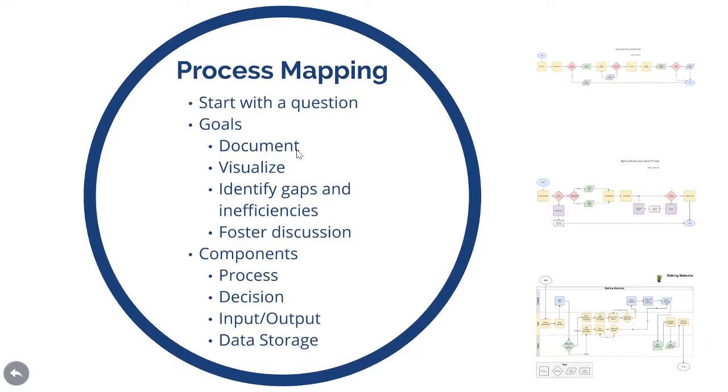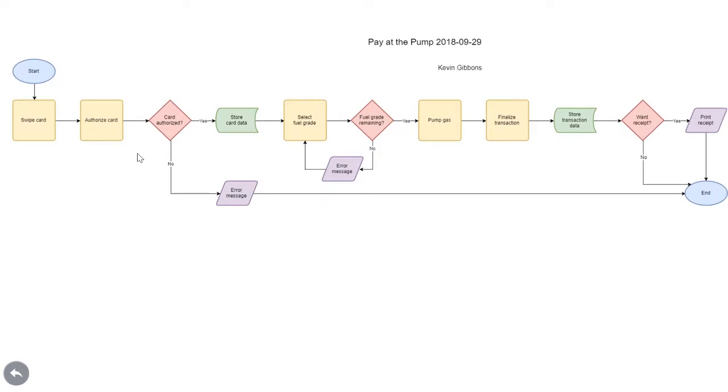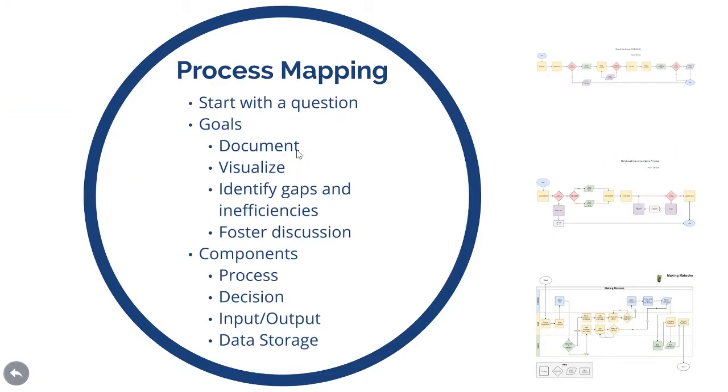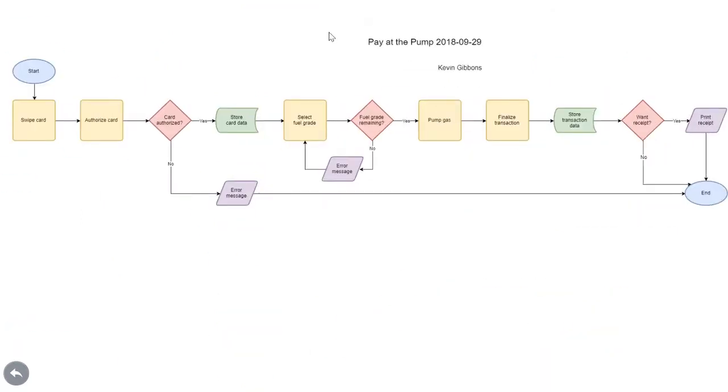The major components most commonly used in process mapping are processes, breaking it down to the actions done individually; decisions, which are usually questions where a process will branch, the way a decision tree might branch. Do you choose to take a taxi or do you choose to walk?